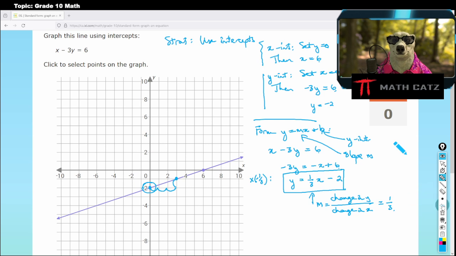We can also do y first. We can say, well, if I go 1 vertically, then I have to go 1, 2, 3 horizontally. What I like to do personally is I like to go close to the x-axis. I try and get close to this point. I'm not always going to get it perfectly.